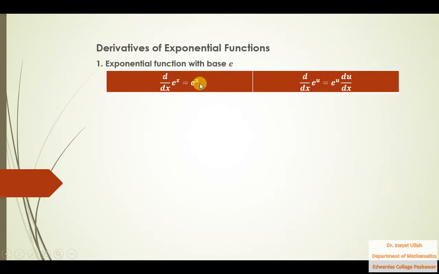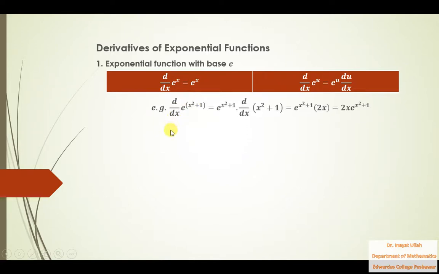Here the derivative of x is also multiplied with the e power x, but we know that the derivative of this power x is 1, so that's why we don't write this one here. But if this is a function u, then we will multiply the derivative of this power u. So that is the derivative of the exponential function having base e.